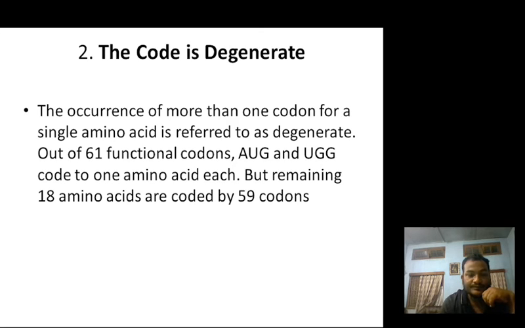Out of 64, 61 are functional codons; 3 are non-functional, that means stop codons. Out of 61 functional codons, except AUG and UGG, the others code for 18 amino acids. So one amino acid may be coded by more than one codon. That's why the genetic code is degenerate.